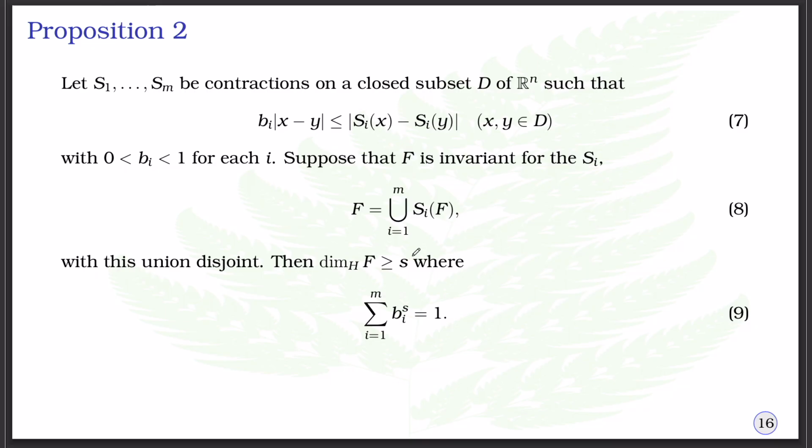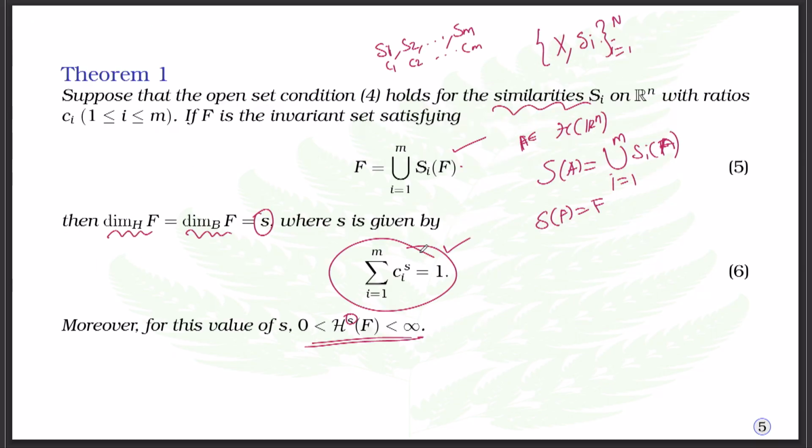Now, one can note that this theorem states that if the open set condition holds for the similarities Si on R power n with these ratios, and F is the invariant set of this iterated function system, then its Hausdorff dimension and topological dimension are equal.